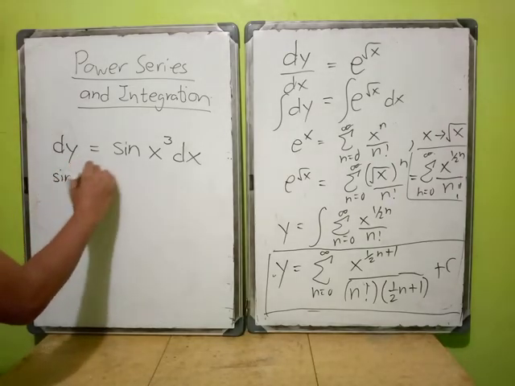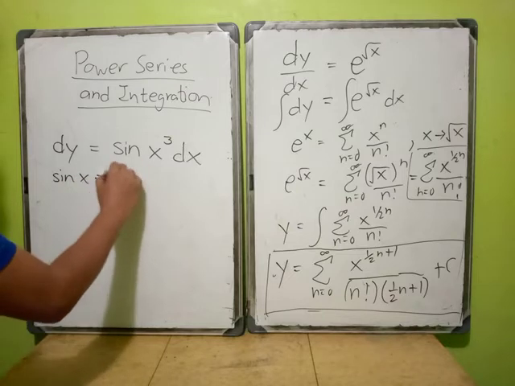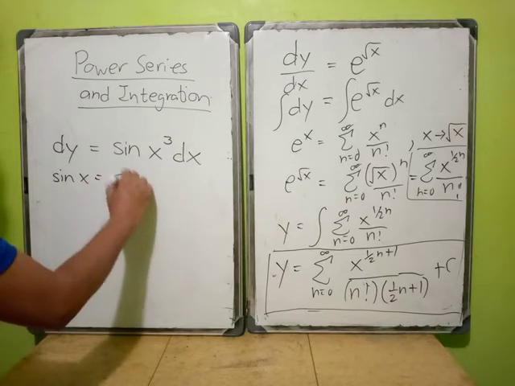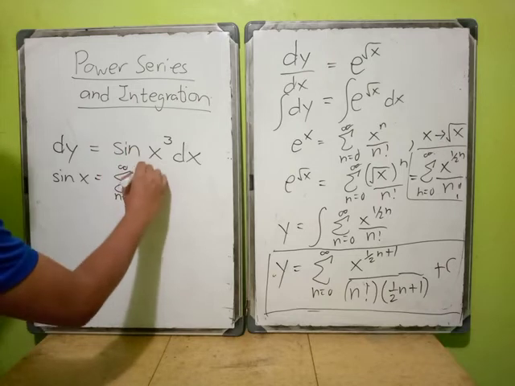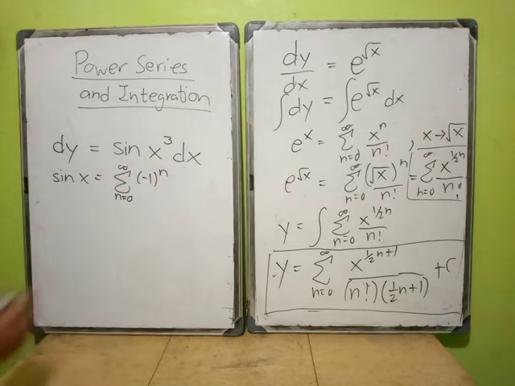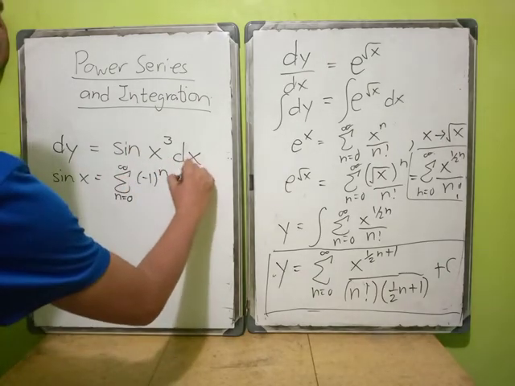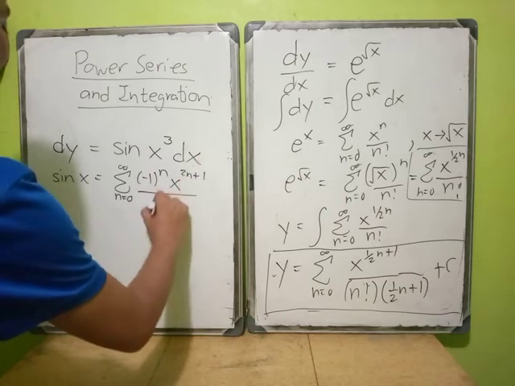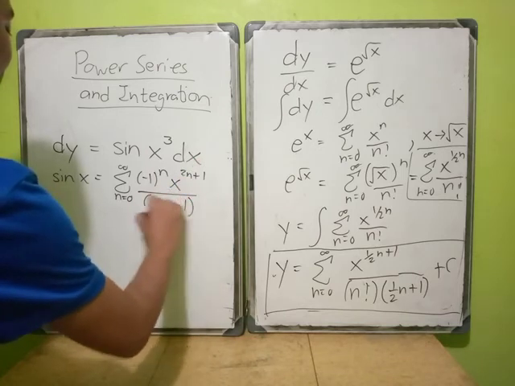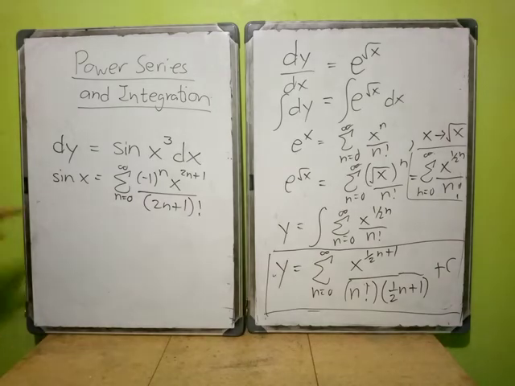We know that sine x is equivalent to the infinite sum from n equals 0 to infinity of negative 1 to the n, x to the power of 2n plus 1 over 2n plus 1 factorial. So this is sine of x.